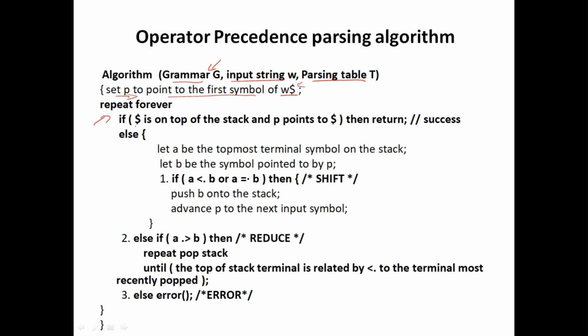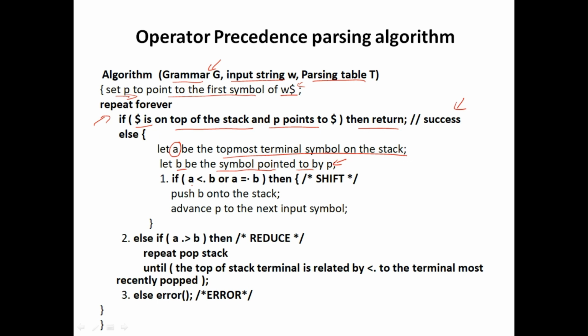If dollar is on top of the stack and P points to dollar, then return. We have completed the successful parsing of the given input string. Otherwise, let A be the topmost terminal symbol on the stack and B be the symbol pointed to by P. P points to the first symbol of the input string.